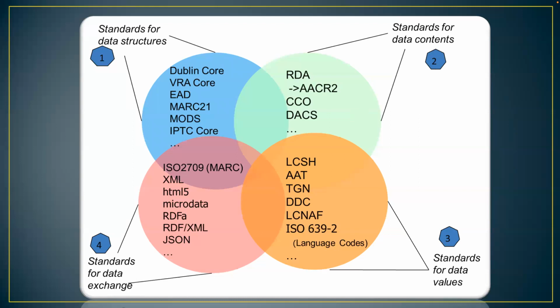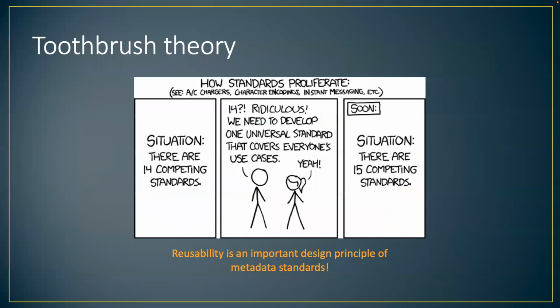But I do want to point to the other reason, that sometimes these functional differences don't really totally warrant a new standard, but people still develop new standards anyway. And this is very famously summarized into the toothbrush theory. So I don't know how many of you have seen this comic before. The title is How Standards Proliferate. So first we have a situation: there are already 14 competing standards.